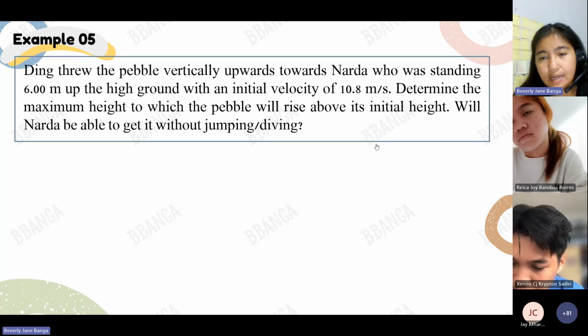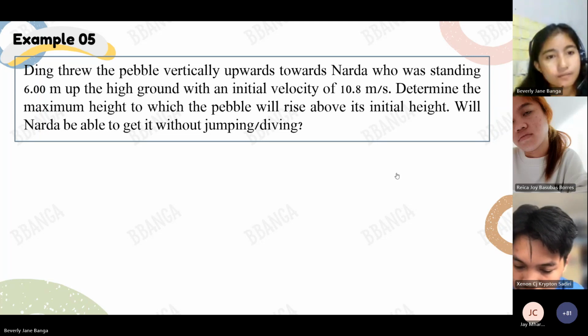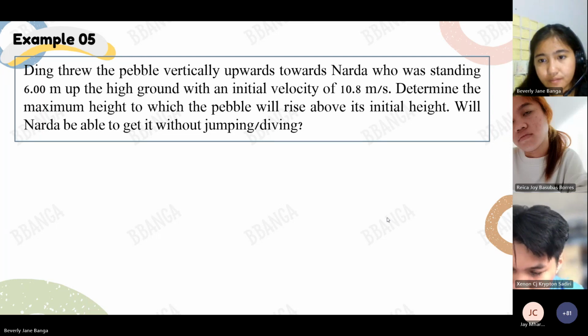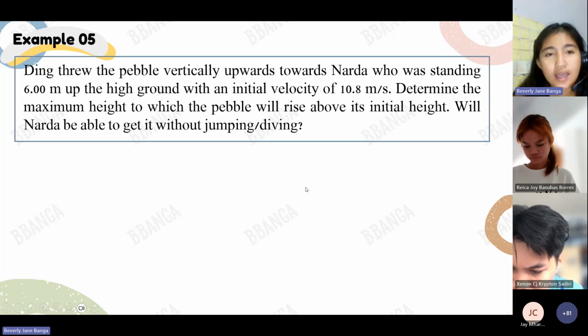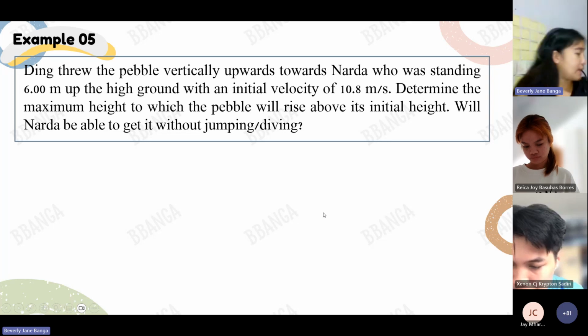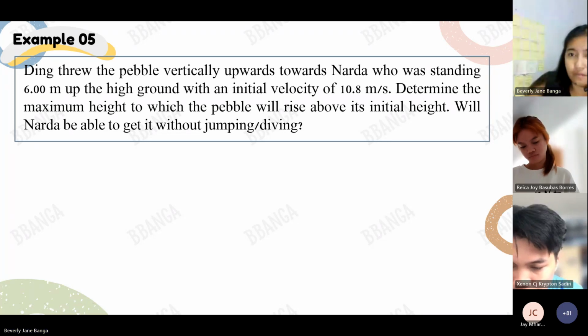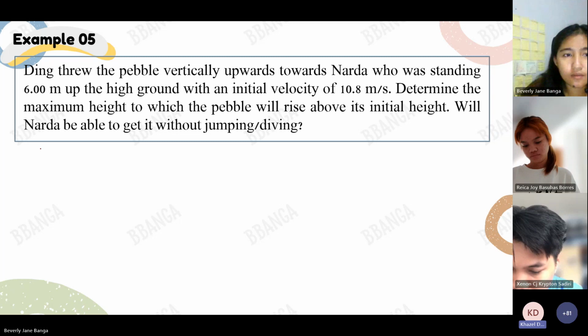Dr. Lero, Kazel? Ma'am? What do we know about the problem? Can you give me the list of given and unknown quantities and anong equation yung gagamitin? Ma'am, yung initial velocity po is 10.8 m over s. Okay, so that is v0y.